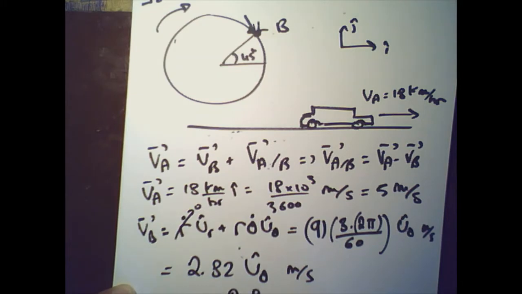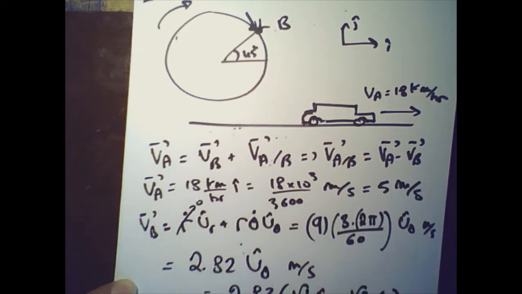So that would be 2.82, and then we know cosine 45 is equal to sine 45. So square root of 2 over 2 I minus square root of 2 over 2 J, right? And if you do this computation, you are going to end up with 2 I minus 2 J.